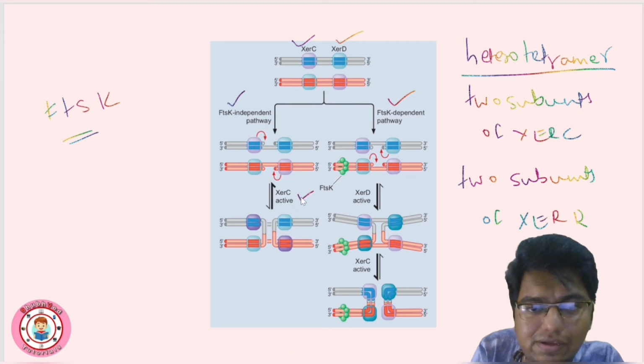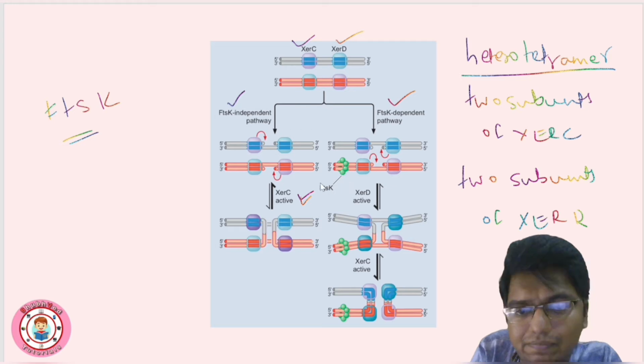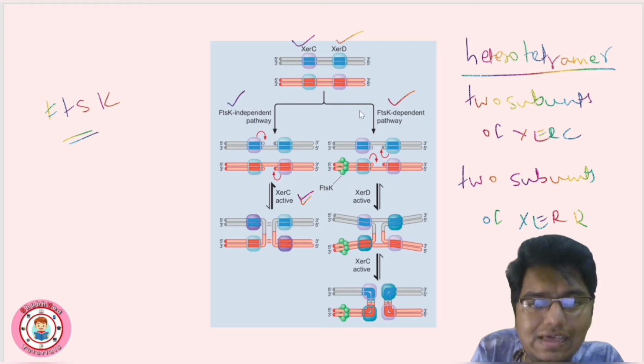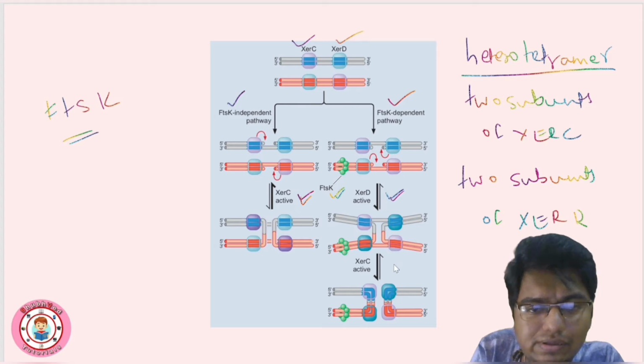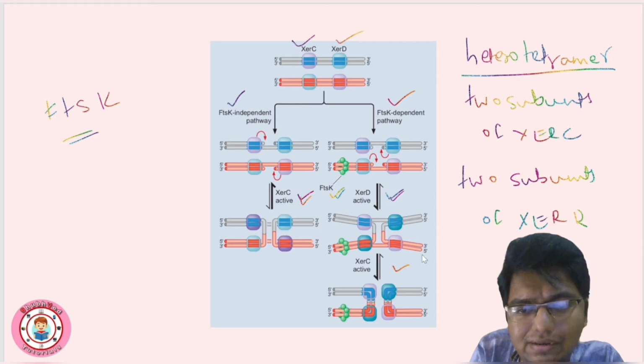Only XerC is active. But when FtsK is there, then XerD is active, XerD will do the first strand cleavage, and then XerC will be activated.